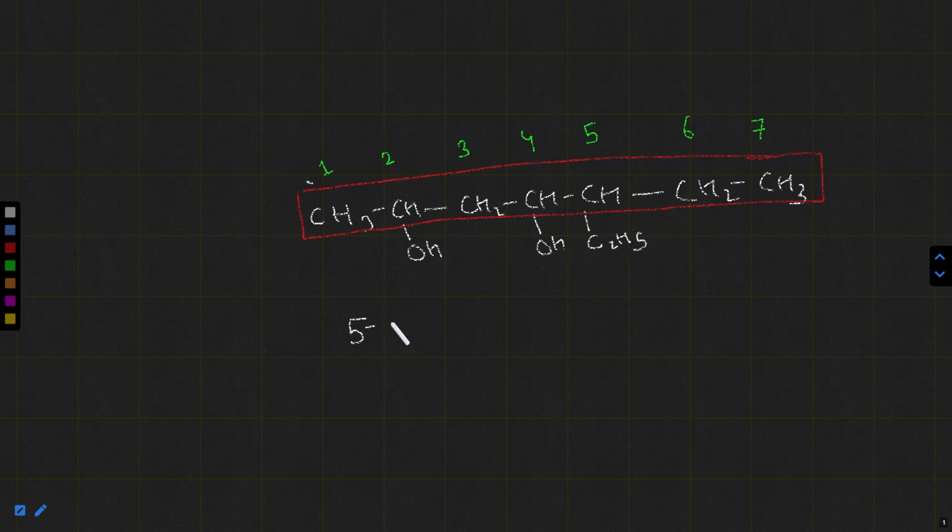So 5-ethyl hept. At the 2 position we have alcohol, and at the 4th position we have alcohol. Two alcohols, so di, and then ol. So 5-ethylheptane-2,4-diol.